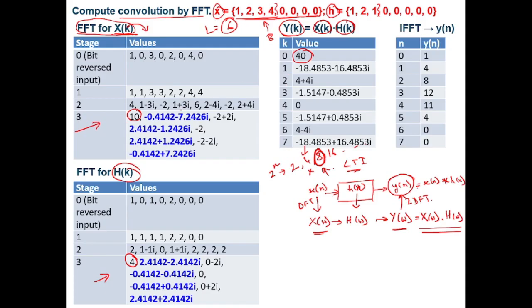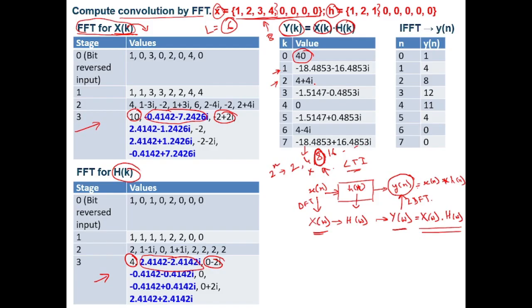Then in the next, I am having this imaginary value and this imaginary value, they will be multiplied and I will be getting at k equals 1 that value. Then subsequently this one multiplied by this one, so we will be having the second. In this way we will be able to do it. You're getting my point.